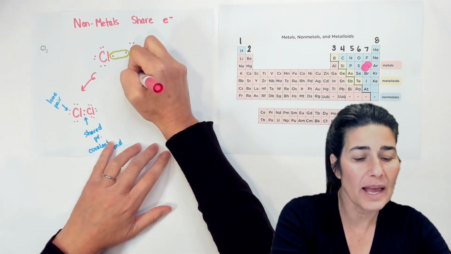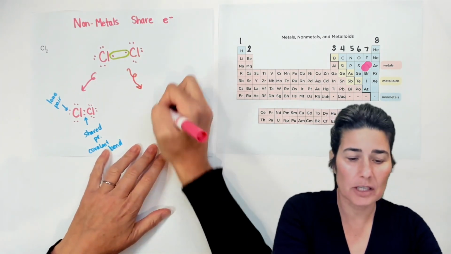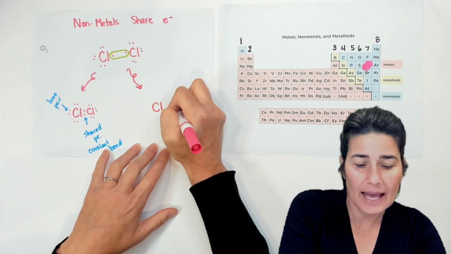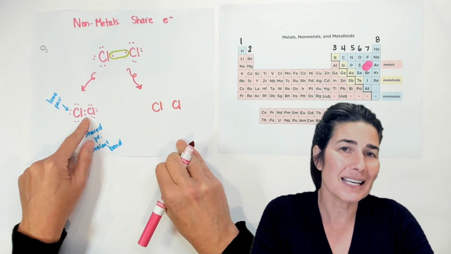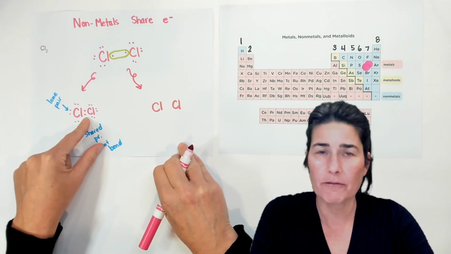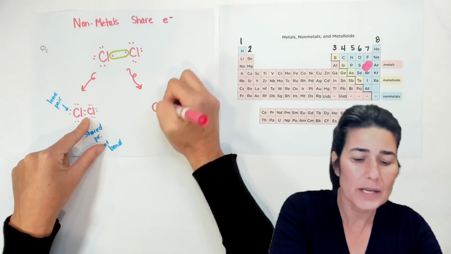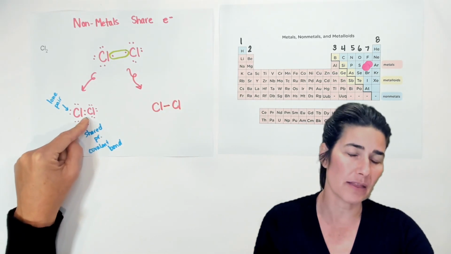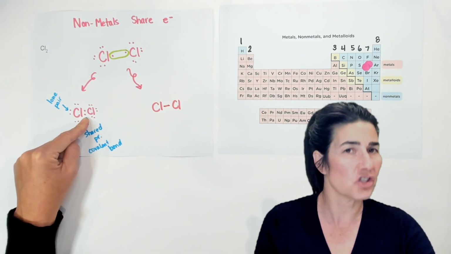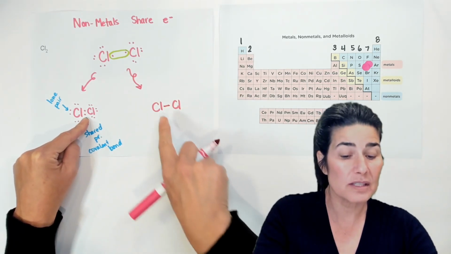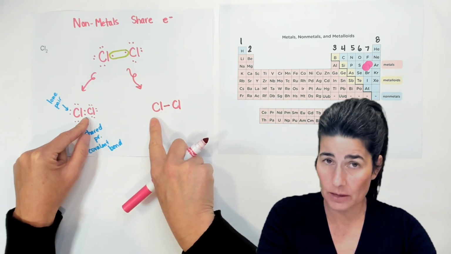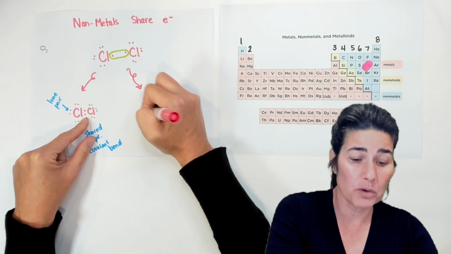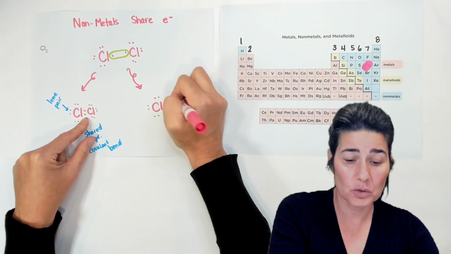Now, I kind of like the line pictures a little better though. So another way that you can draw your answer is we have the chlorine and we have the chlorine, but instead of drawing 2 dots for your shared pair, we can draw a line to represent the covalent bond or the shared pair. You still have to draw the dots on the outside, 2, 4, 6, and 2, 4, 6.